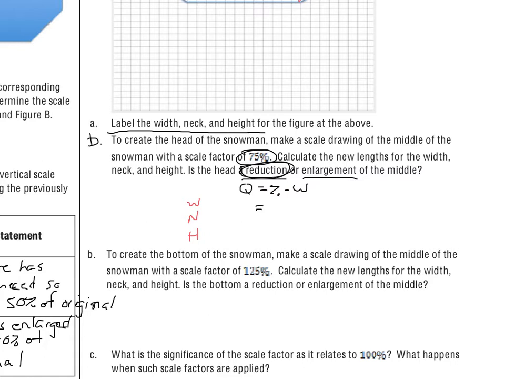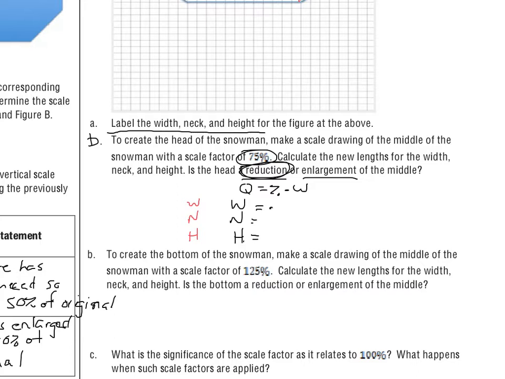So our scale drawing, we'll put in for Q, we'll just call that S, is equal to, actually we'll just go ahead and use the variables that I used off to the side, W, N, and H. Those are going to be our new scaled for the width, the neck, and the height.